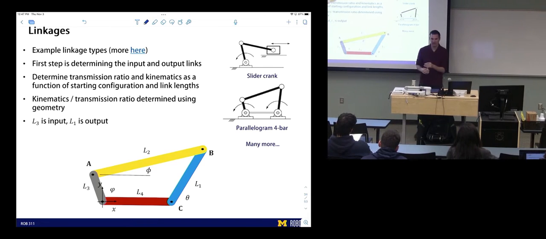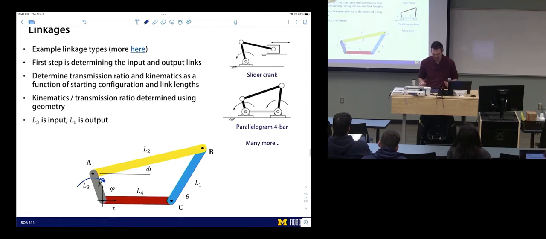This will make a singularity. If we rotate this over, it's going to make a singularity. It's hard to imagine. Yeah, I think it's fine.